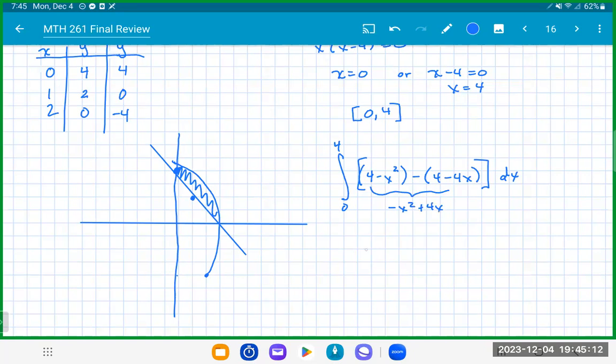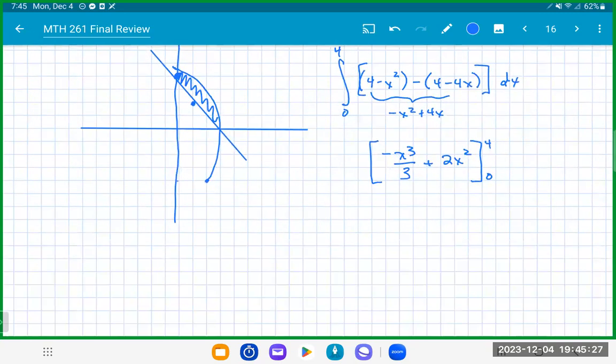So when we take the antiderivative of that, it is negative x cubed over 3 plus 2x squared, and we need to evaluate that from 0 to 4. And when we do that, we end up with 32 over 3 as the area between those two curves.